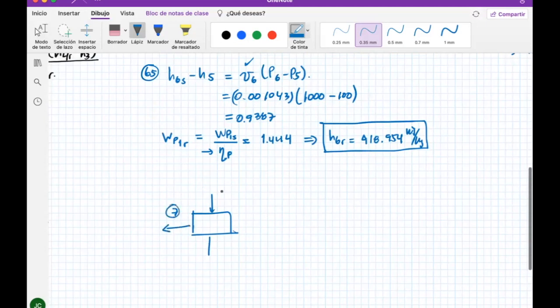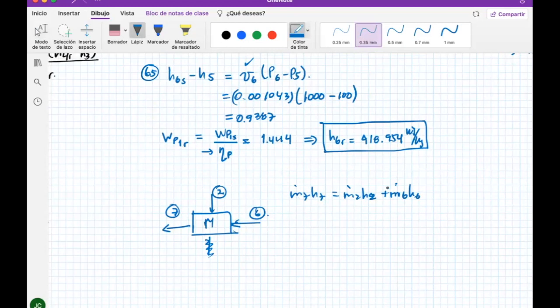This one is 7, this one is 2, this one is coming from here, and this one is 6. So m7H7 equals m2H2 plus m6H6. This is just a simple energy balance in this mixer.